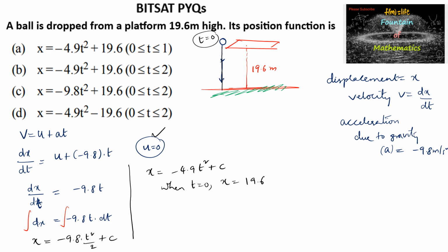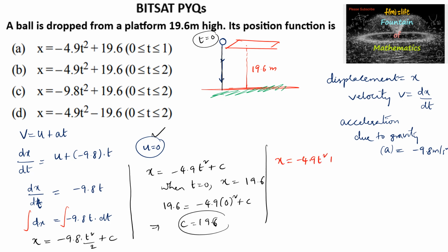So we can write 19.6 is equal to minus 4.9 into 0 square plus c. So we get c is equal to 19.6. We got the value of the constant, and hence we can say the displacement function is x is equal to minus 4.9 t square plus 19.6.